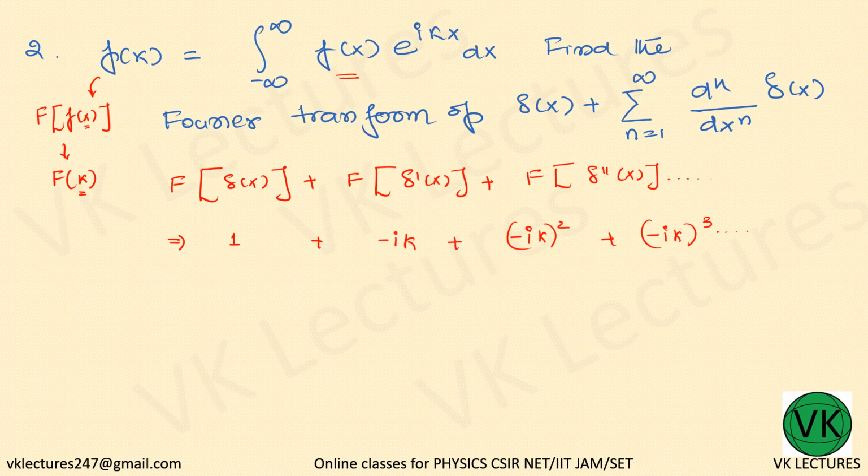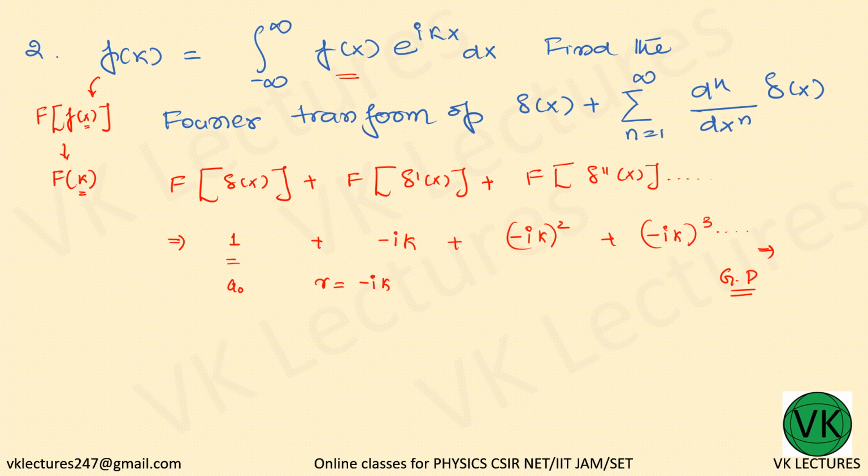Now the first term is 1, the second term is minus ik, so it is in the form of a geometric progression with first term a naught and common ratio minus ik. This is the sum of infinite terms of a GP.